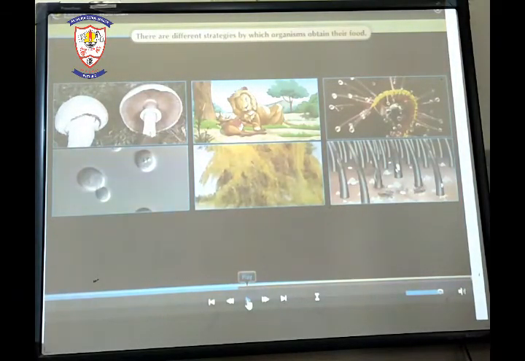There are different strategies by which organisms obtain their food.